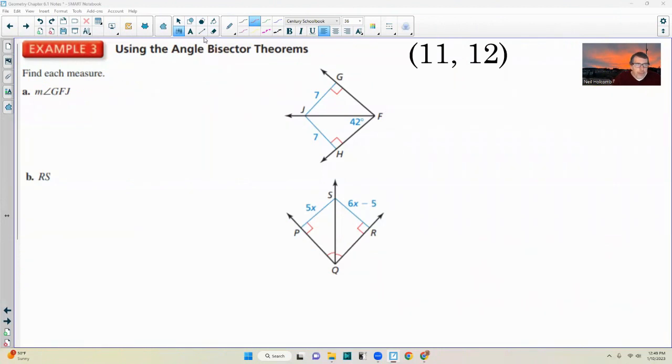Okay, here's example 3. It says find each measure. We want to know what the measure of angle GFJ is. The measure of angle GFJ is right here.